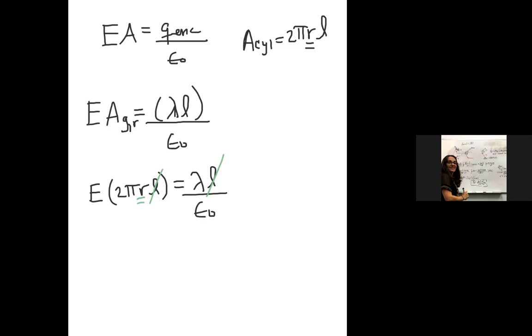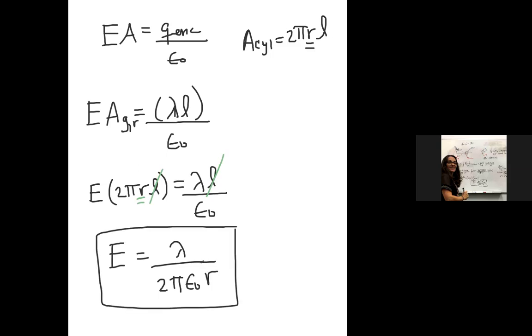Therefore, we have an E field at point r that is equal to lambda over 2 pi epsilon naught r. Boom, pow, bang. Let's write it in terms of kE because we can.